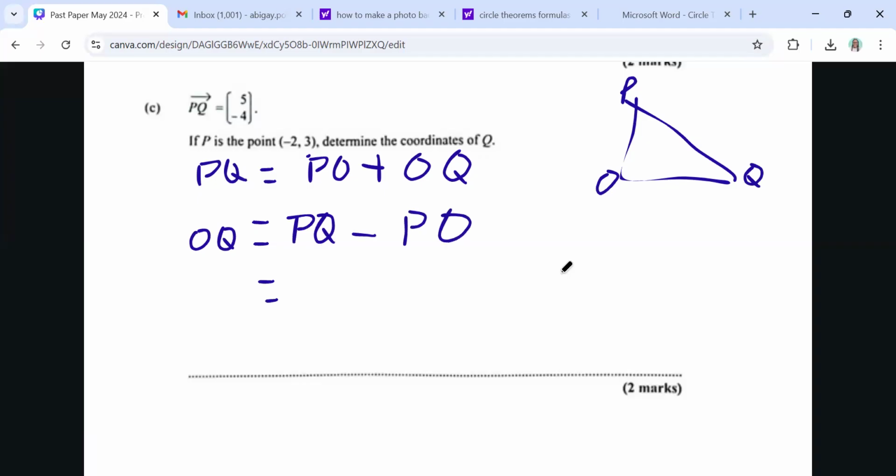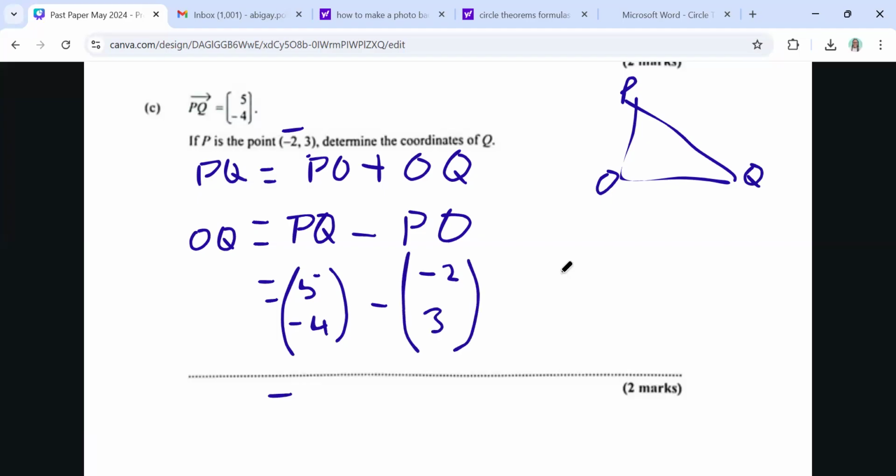All right, so that is 5, negative 4, subtract PO. I'm going to flip this to make it look like a vector. And my answer will be 5 minus negative 2, which is 7.